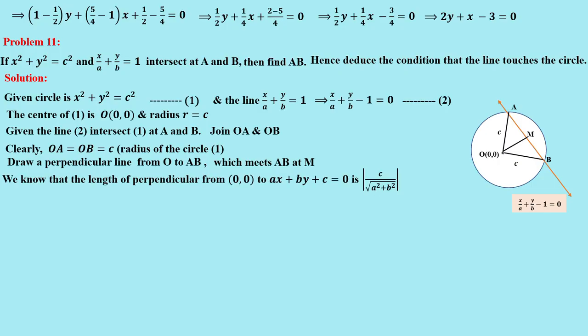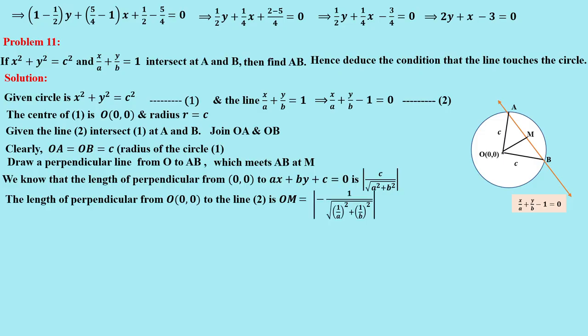So we know the length of the perpendicular from 0, 0 to ax plus by plus c equal to 0 is given by the formula modulus c by root of a square plus b square. So the length of the perpendicular from O to line 2 is OM, equal to minus 1 by root of 1 by a square plus 1 by b square. So OM is equal to 1 by root of 1 by a square plus 1 by b square. Taking a square b square as LCM in the denominator, OM is equal to modulus 1 by root of a square plus b square by root of a square b square.